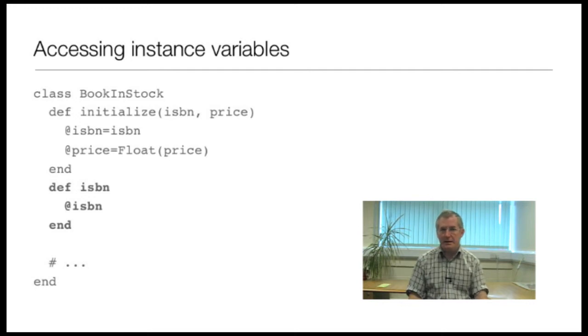The two are differentiated by the @ sign that prepends the isbn. So we've got an accessor method here. Define an end to delimit the method, as we've seen in structuring things in Ruby. So often that format is used.